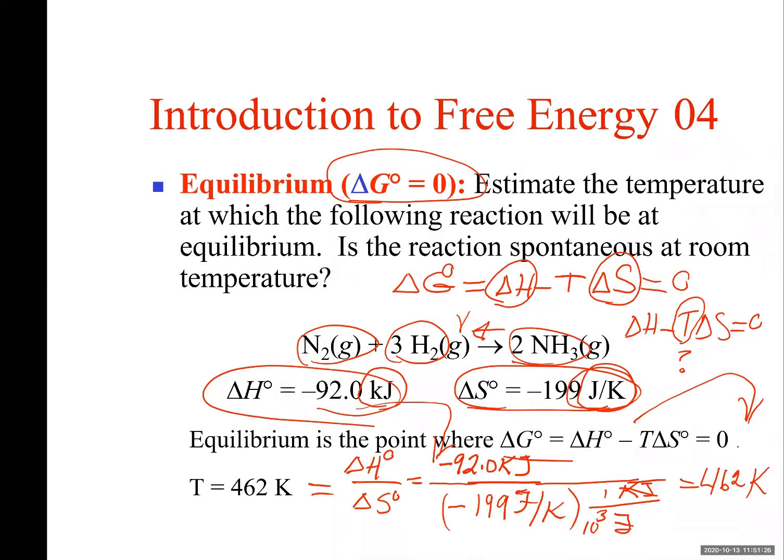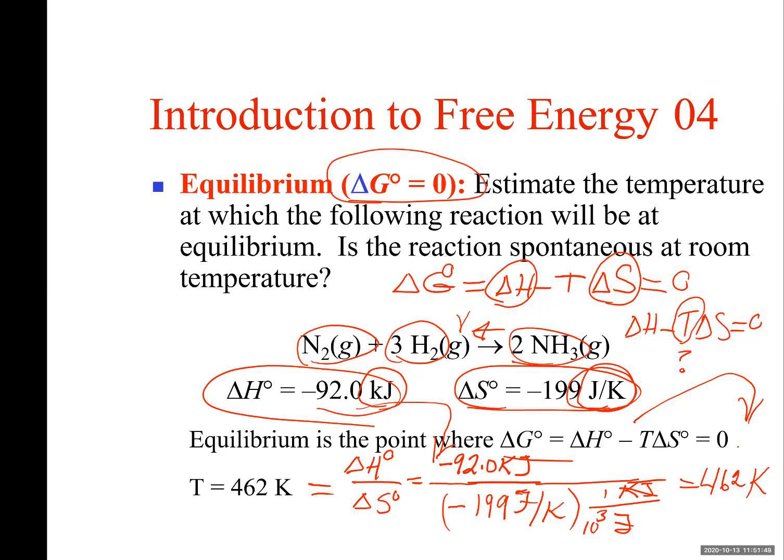In other words, we are saying below 462, the reaction is non-spontaneous. At 462 it becomes equilibrium. That means you start forming some product. And if I go above 462, the reaction becomes spontaneous.